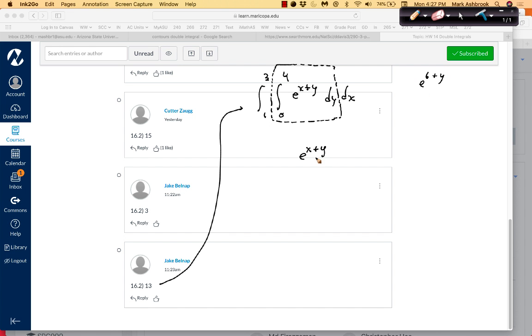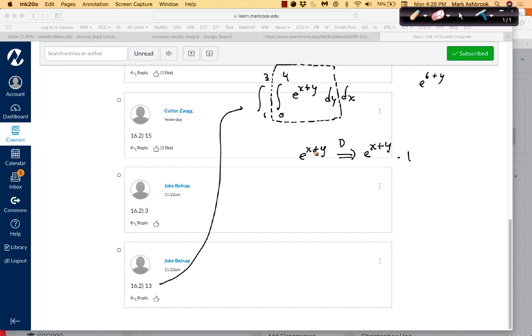So let's conjecture that. What's the derivative of e to the x plus y? It's e to the x plus y times the derivative of that with respect to y, which is just 1. So this is its own derivative with respect to y.